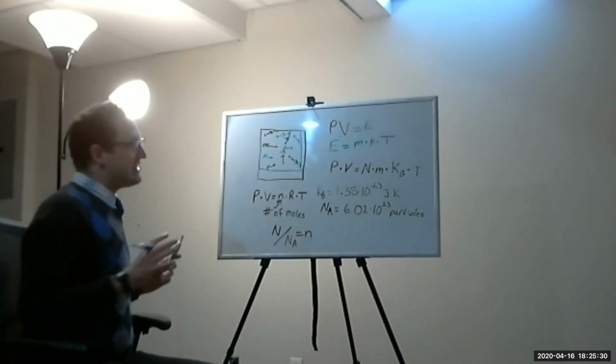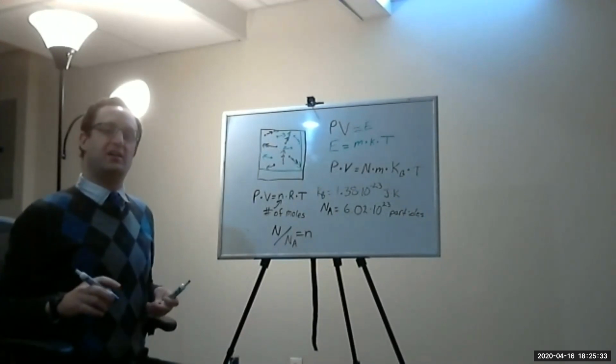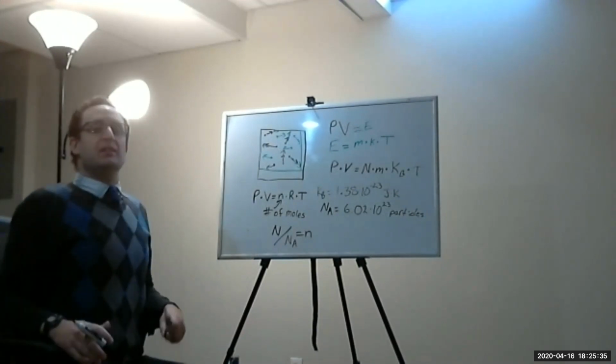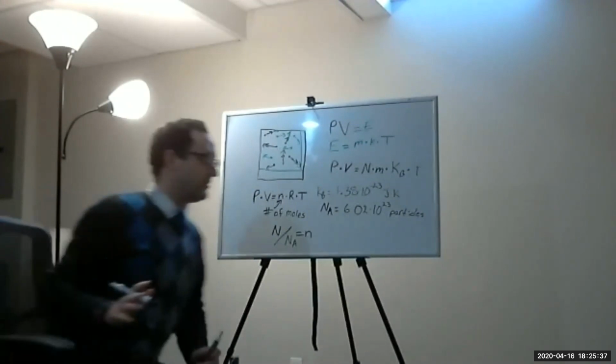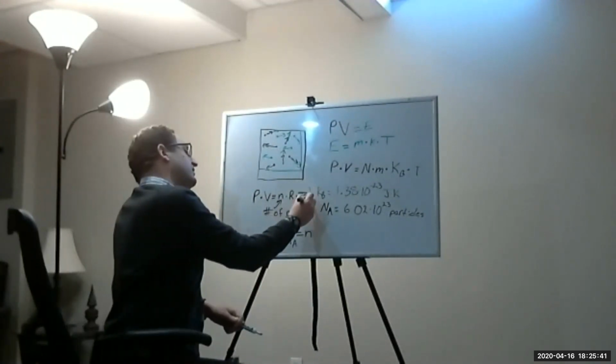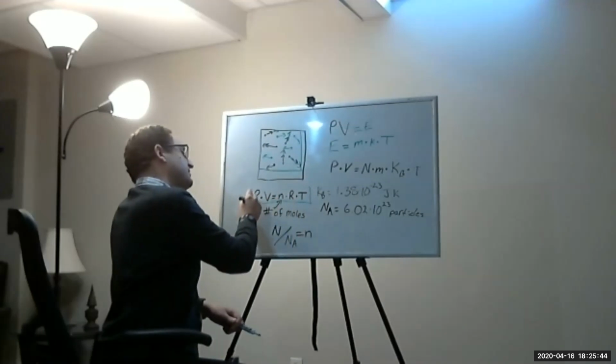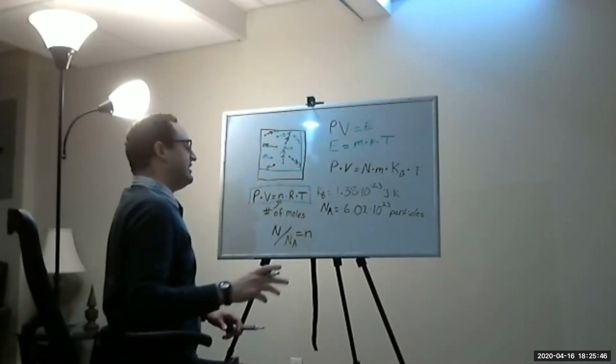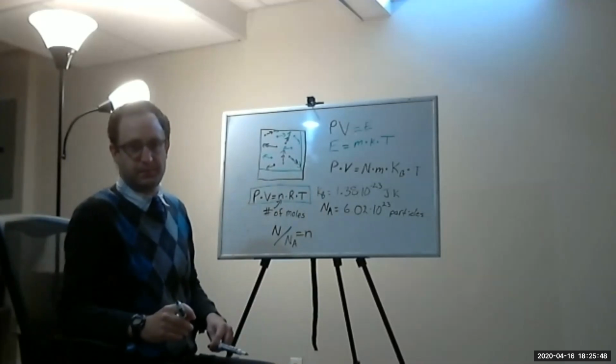So the entire idea with the ideal gas law is, again, energy conservation. The real law that we're going to deal with, the one that we're going to see a bunch of times, is this one, PV equals nRT.